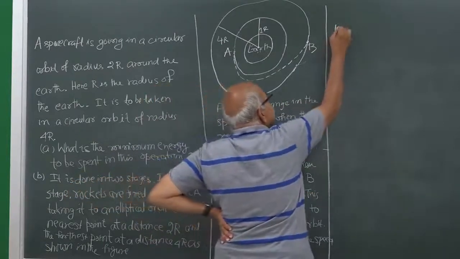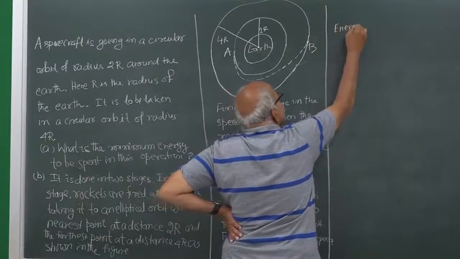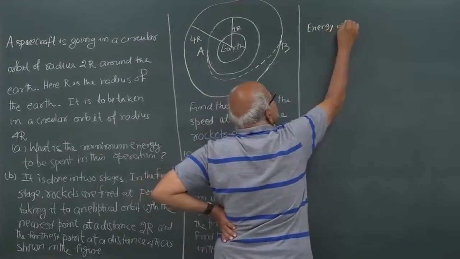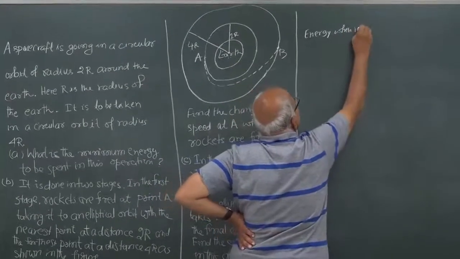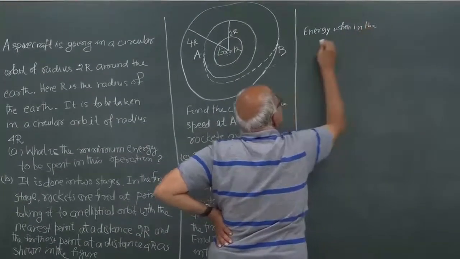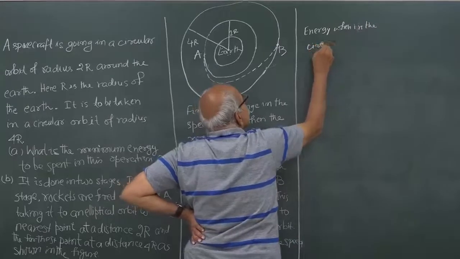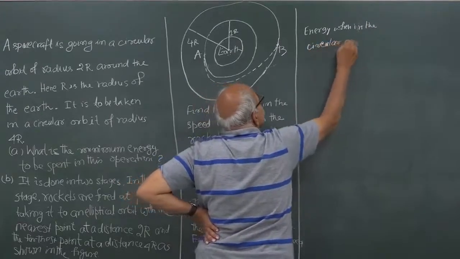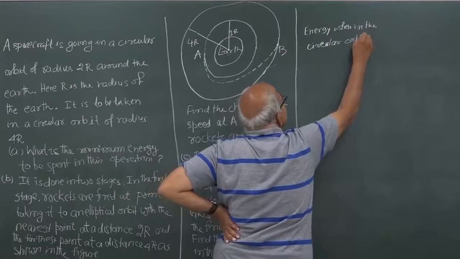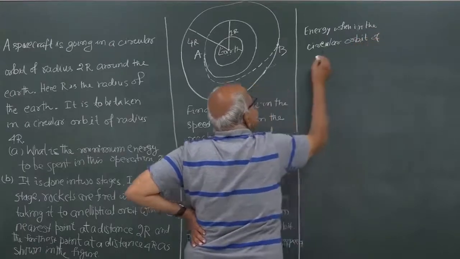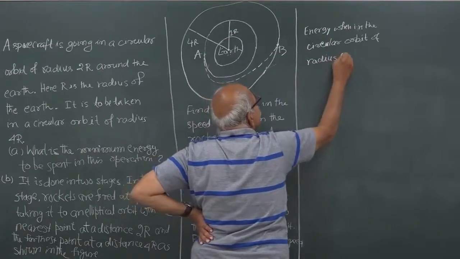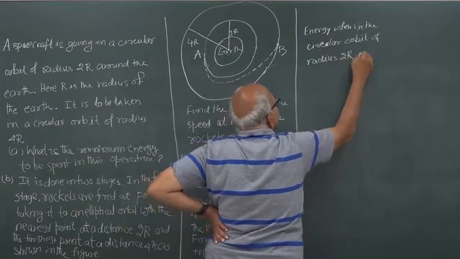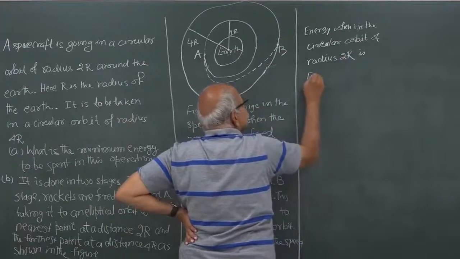So, the energy in the circular orbit of radius 2r is, say, E1.